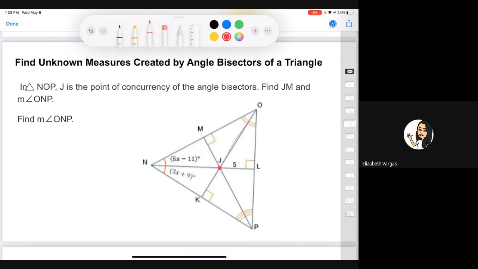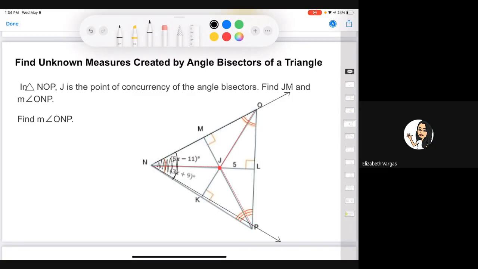So this is an angle bisector, this is an angle bisector, and this is an angle bisector, right? And these symbols tell me that those angles have been cut into congruent halves. Okay. Well, that being said, what I want to identify is the measure of this angle right here.